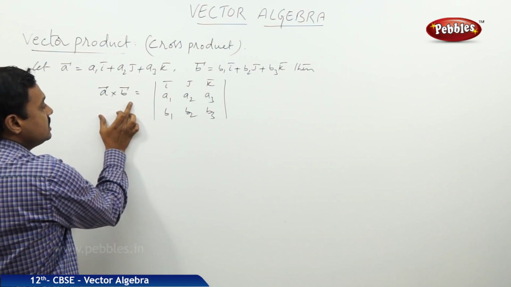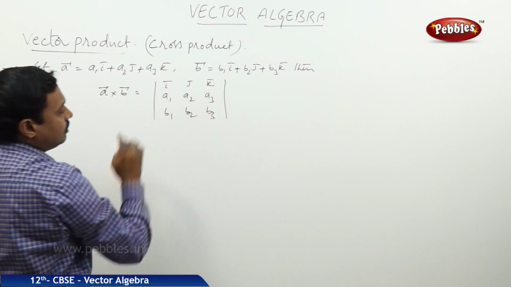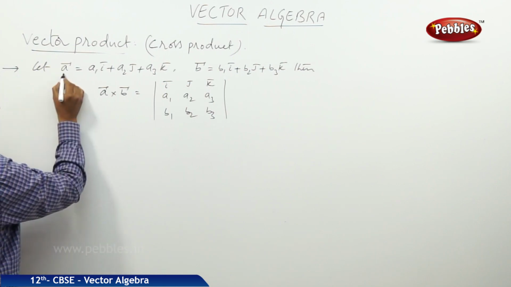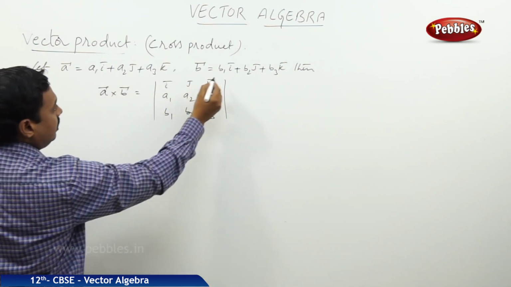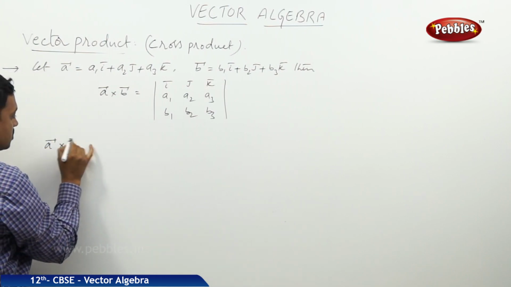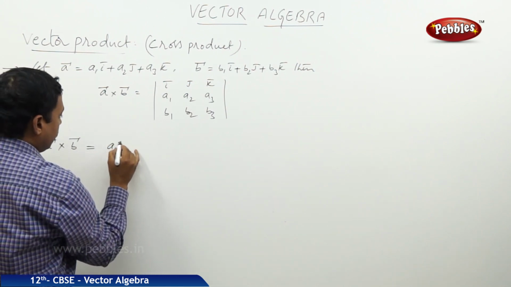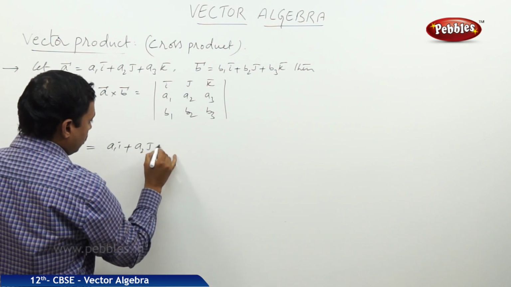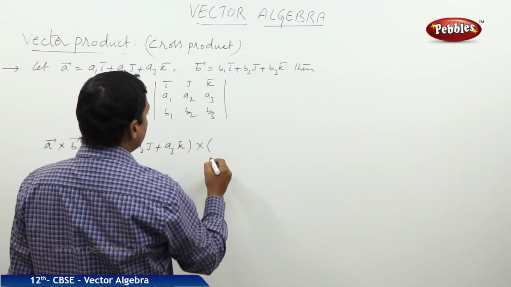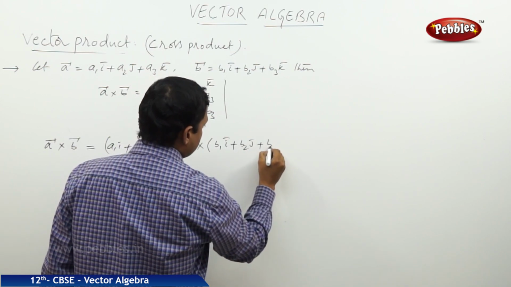So A cross B is the determinant value of these components. Now let us see. A is given as A1 i plus A2 j plus A3 k, B is given as B1 i plus B2 j plus B3 k. So the cross product A cross B is equal to (A1 i plus A2 j plus A3 k) cross (B1 i plus B2 j plus B3 k).